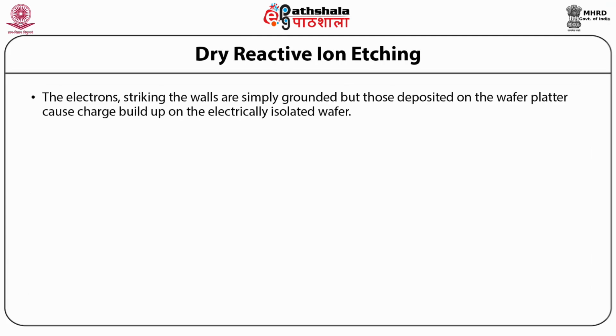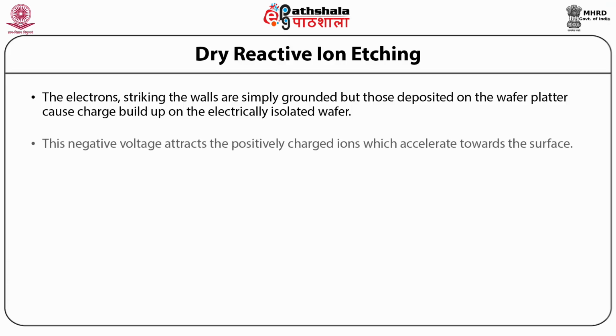The electrons striking the walls are simply grounded, but those deposited on the wafer platter cause charge buildup on the electrically isolated wafer. This negative voltage attracts the positively charged ions, which accelerate towards the surface.